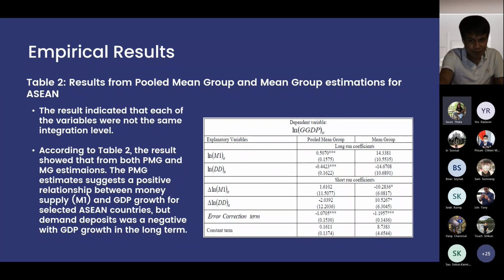The long-run coefficients of the money supply and the demand deposit were significant, while the MG estimate found that the long-run coefficients of all the variables were mostly insignificant.